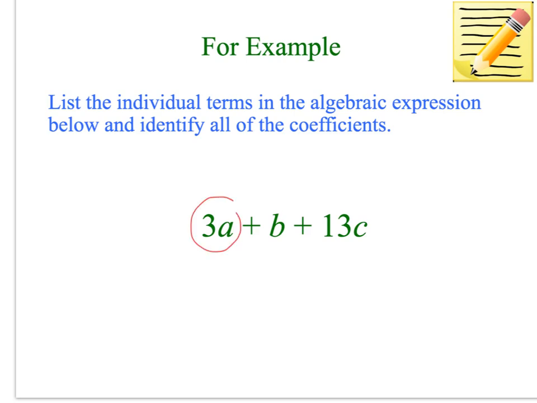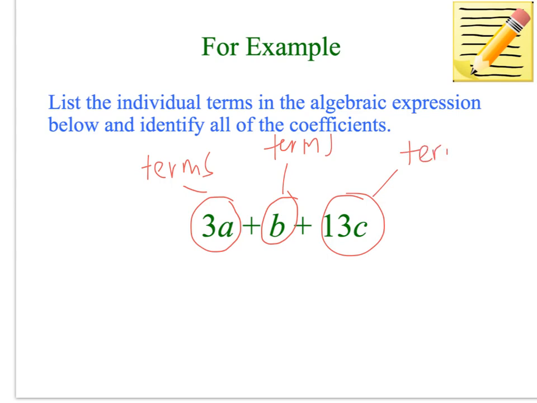We've got one here, and one here. They are all the terms. You can see they're separated by the plus signs there. And even though some of them have numbers in front of them and some of them don't, they're still all terms.